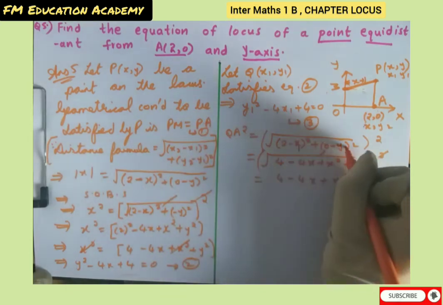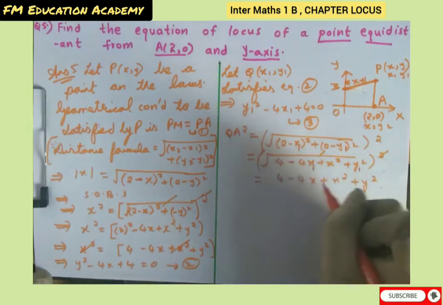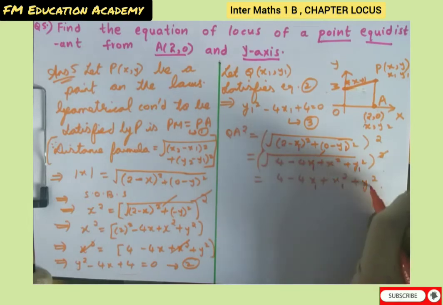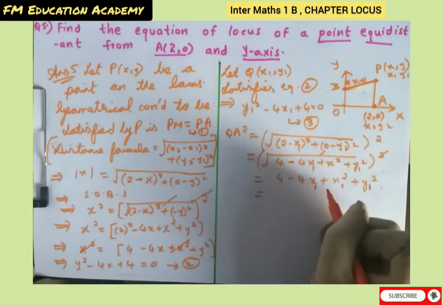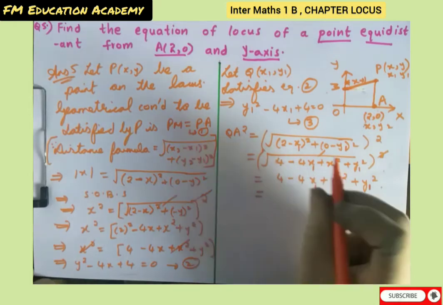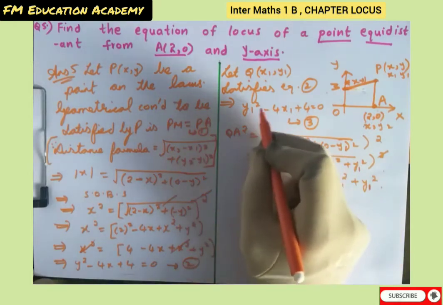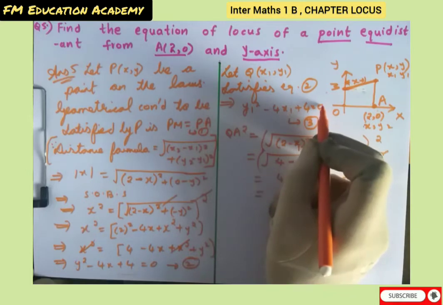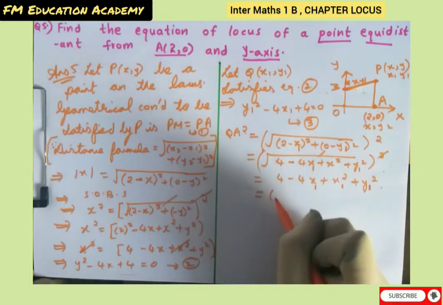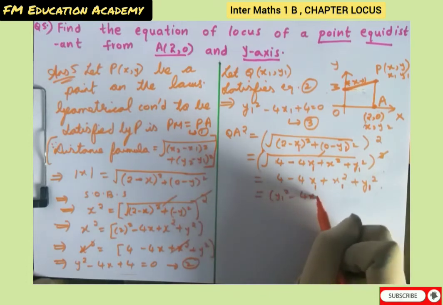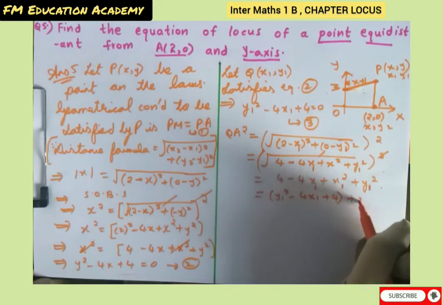With x1 y1, since it is equation 3 and it is Q coordinate, we have to make it equal to QA square. So what do we have here? From equation 3 we have y1 square minus 4x1 plus 4 is equals to 0. So y1 square minus 4x1 plus 4 we will write in one bracket and x1 square we will write separately.